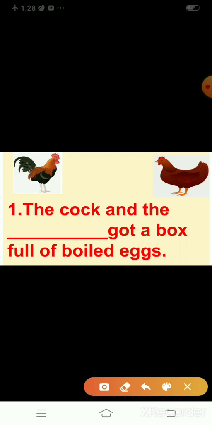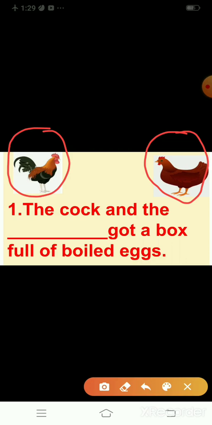The cock and the dash got a box full of boiled eggs. The cock, this is cock. Cock is a masculine gender. So what will be the feminine gender for cock? What is here? Can you guess? Yes, hen.